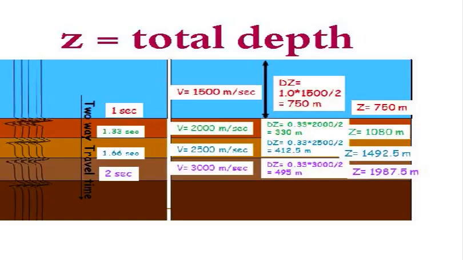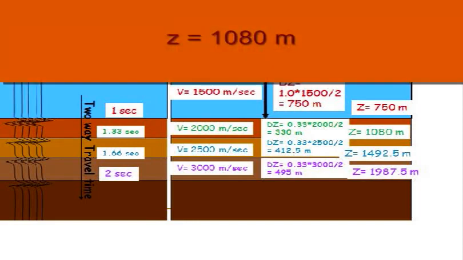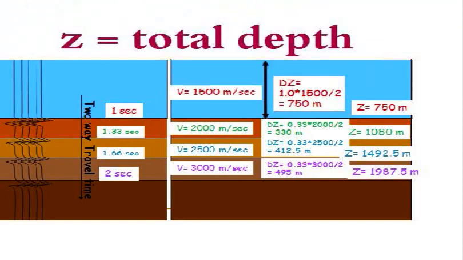dz equals 0.33 seconds times 2,000 divided by 2 equals 330 meters. Z equals 1,080 meters. Third zone, V equals 2,500 meters per second. dz equals 0.33 seconds times 2,500 divided by 2 equals 412.5 meters.